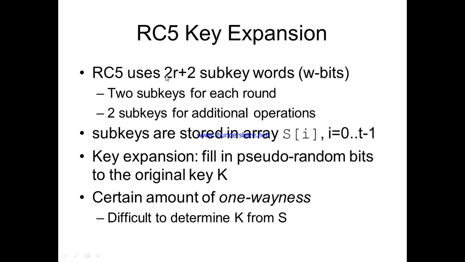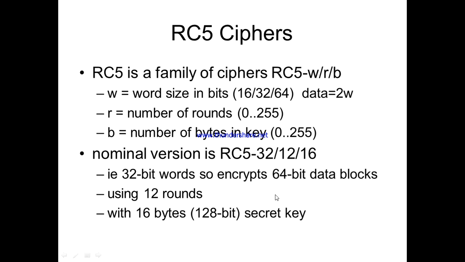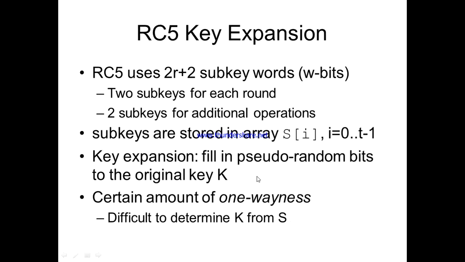So if I require 2R plus 2 subkeys, I am storing from 0 onwards, so 0 to 2R plus 1. Those many subkeys we are going to store in the S array. So here, how is the key expanded? Whatever key size we supply, we can supply a 128-bit key. How many do I require? 2R plus 2.